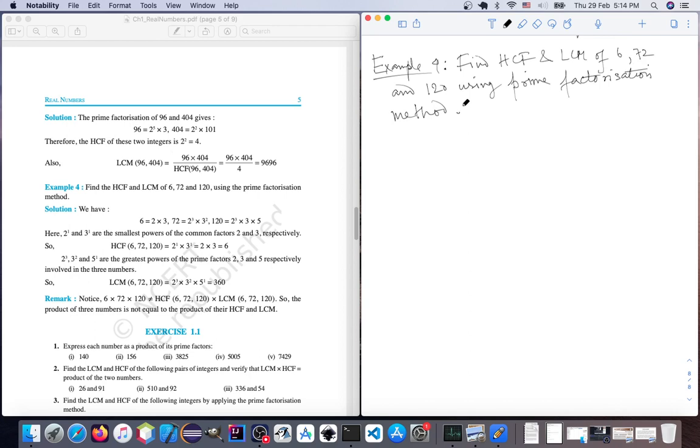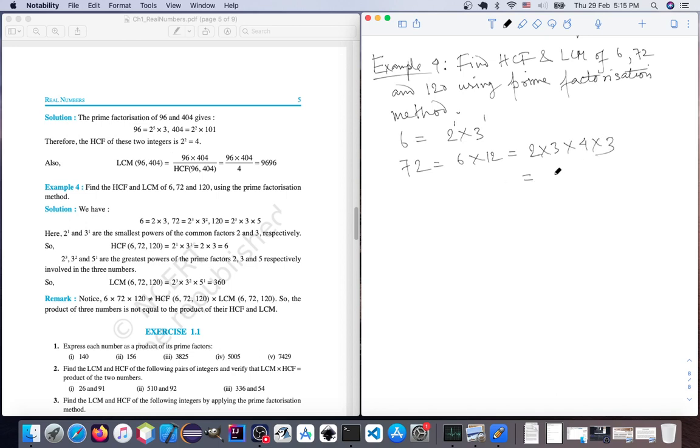Okay, so let's see if I can solve this without seeing the textbook. First we have to write down the prime factorization of the given 3 numbers. For 6, we know it is 2 to the power 1 into 3 to the power 1. For 72, we know it is 6 into 12, equals 2 into 3 into 4 into 3.